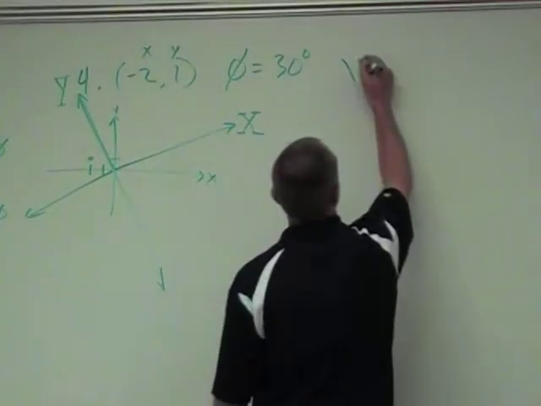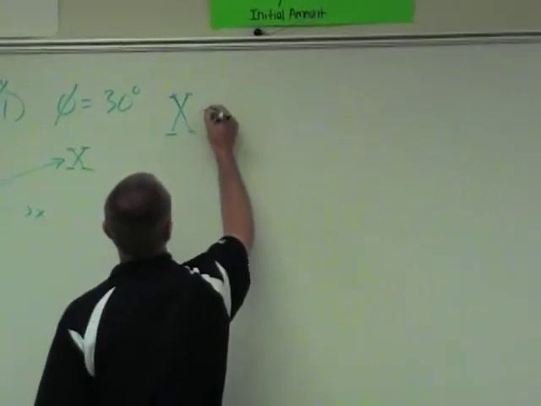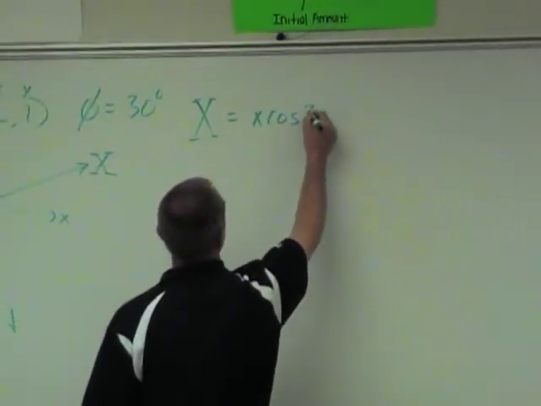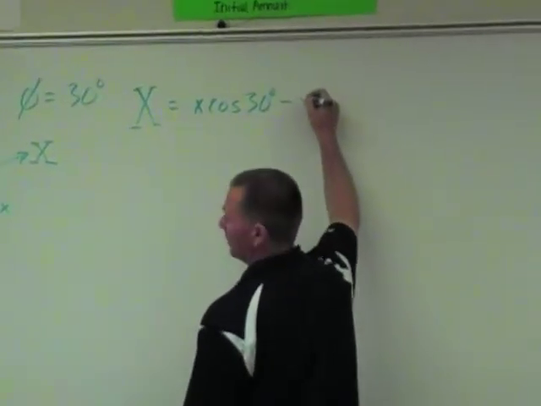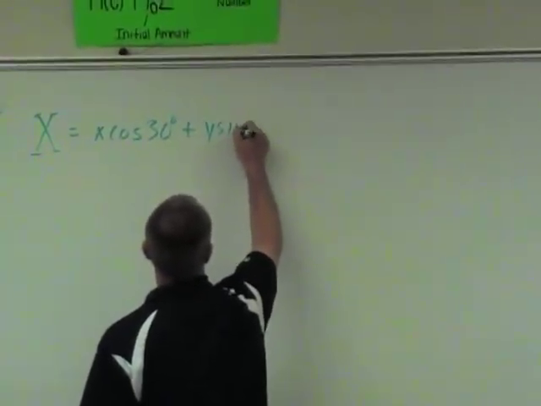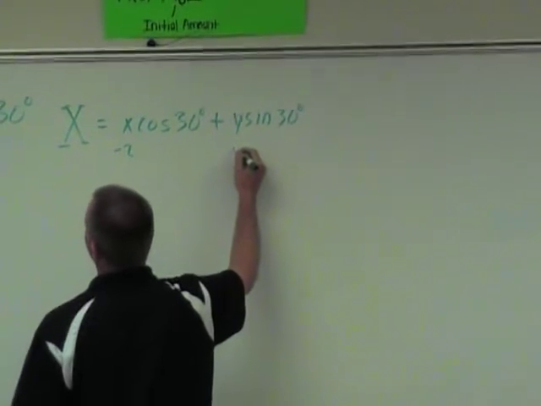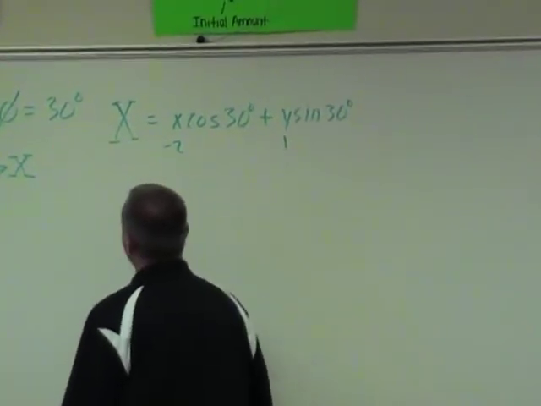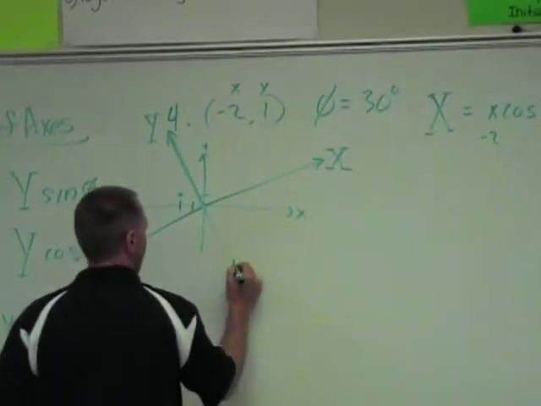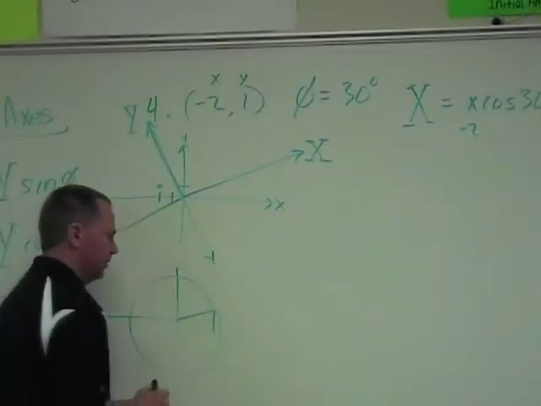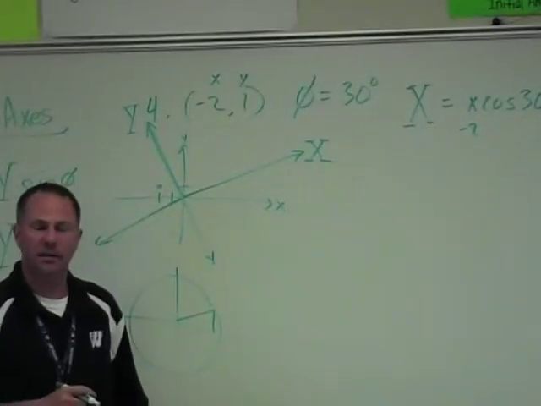We're going to write this down. Capital X, you got to put these little bars on them, equals the x cosine of phi, in this case 30 degrees, plus y sine 30 degrees. x is -2, y is 1. So as a refresher, on your unit circle, cosine is x and sine is y.